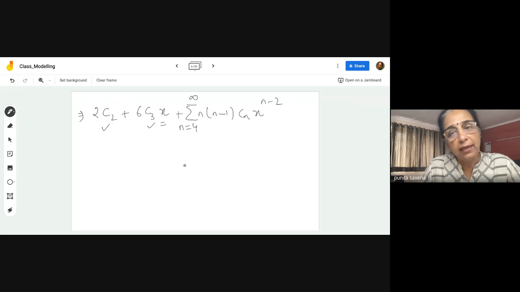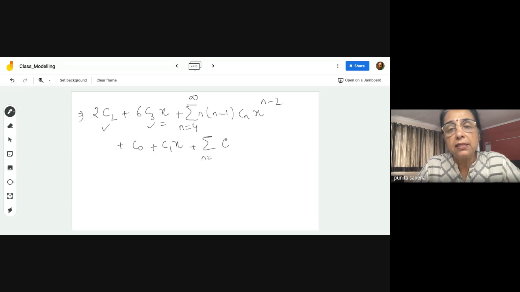Is that okay? Is this clear? Yes, ma'am. Similarly, from the second summation, I write again C0 plus C1 x. These are the two terms containing x. The remaining I write as Cn x^n, but now my n will start from 2 to infinity.